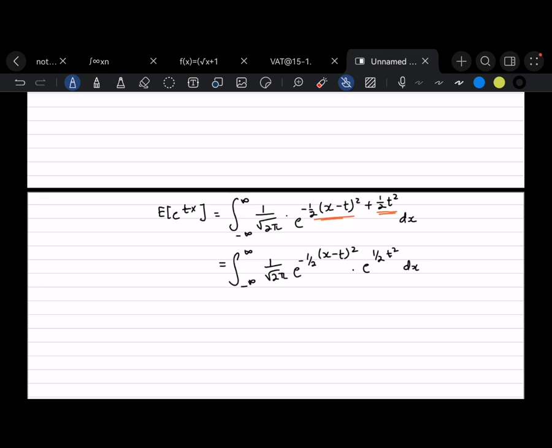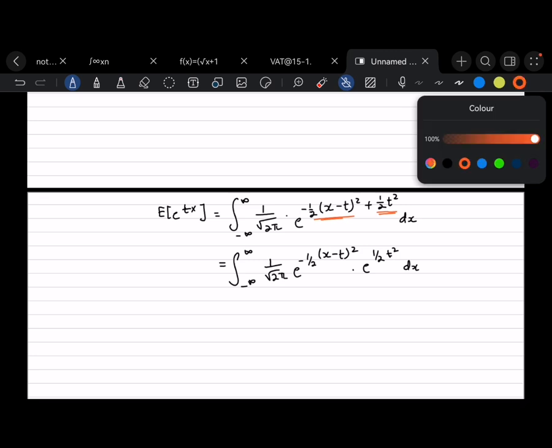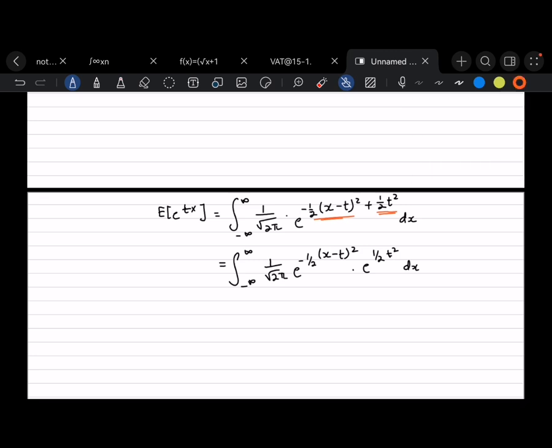Now we're integrating with respect to x. That means anything which does not contain x is a constant. And now you have two constants. You have 1 over root 2 pi, which is a constant. Then you have e to the positive half t squared, which is also a constant. But now I want to move one of these constants out of the integral. So I will move this one.